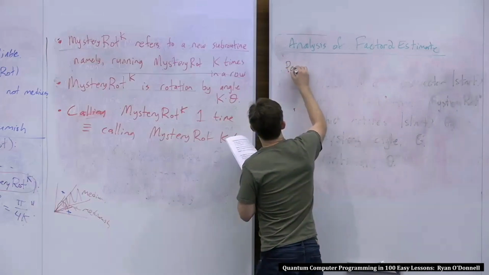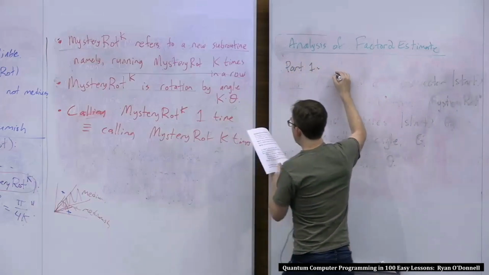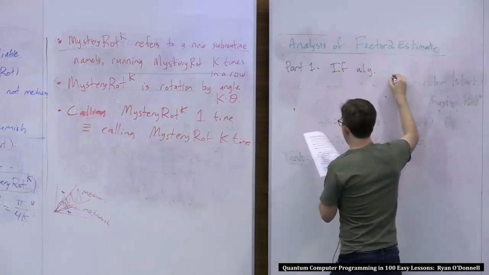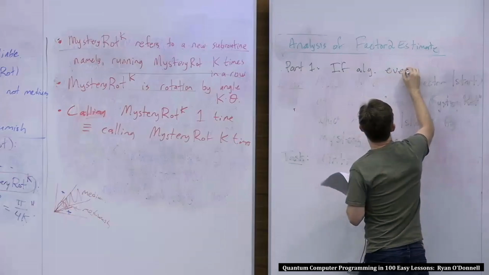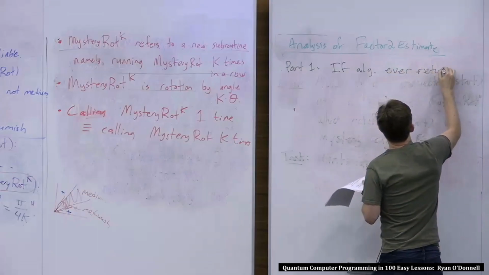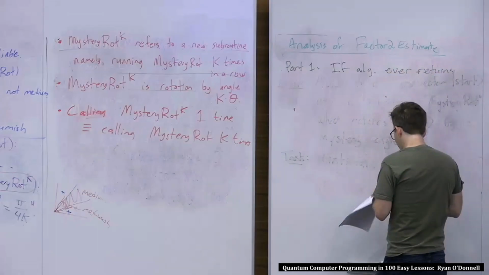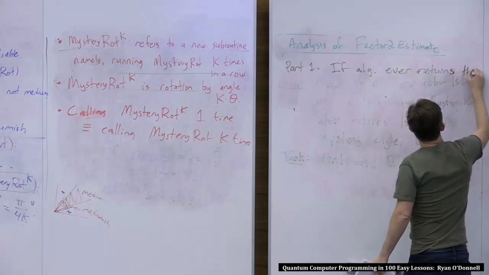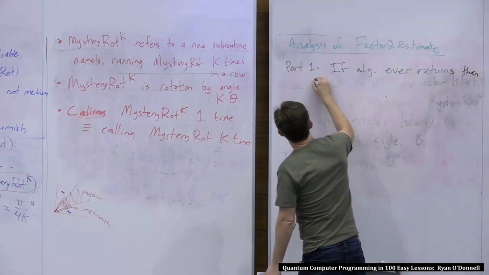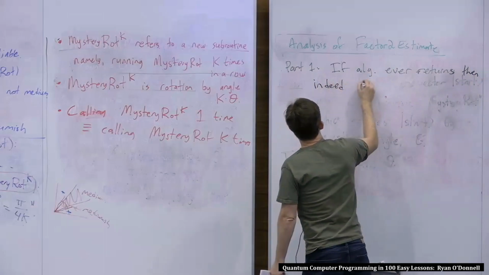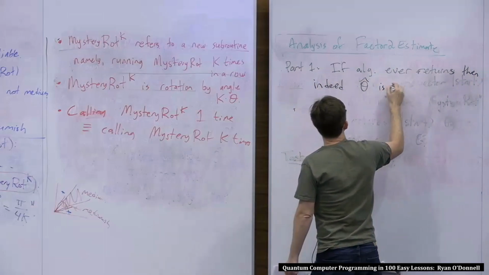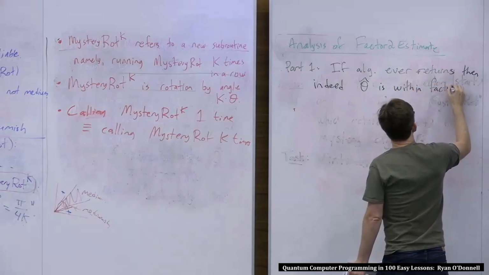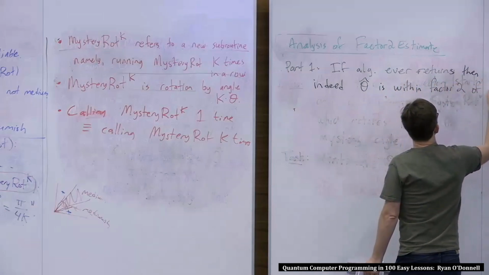Okay, so part 1 of what we need to check: if the algorithm ever returns, then indeed theta hat that it returns is within a factor 2 of theta.